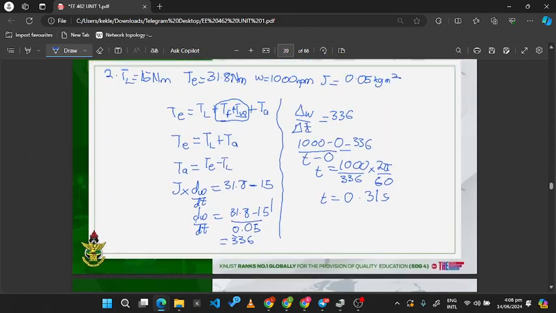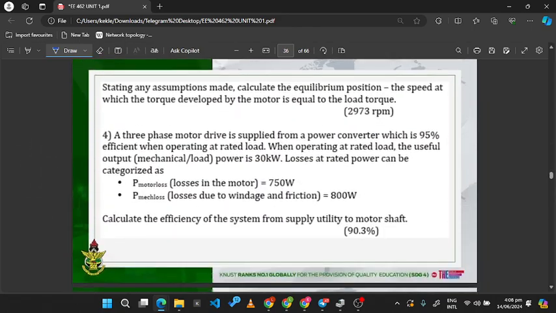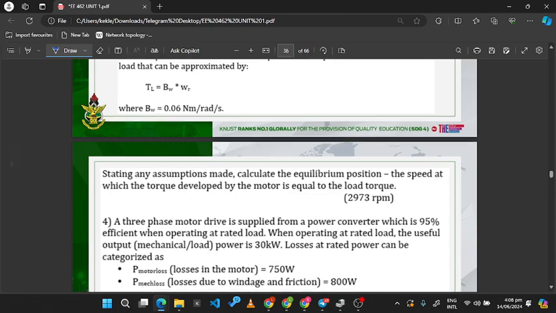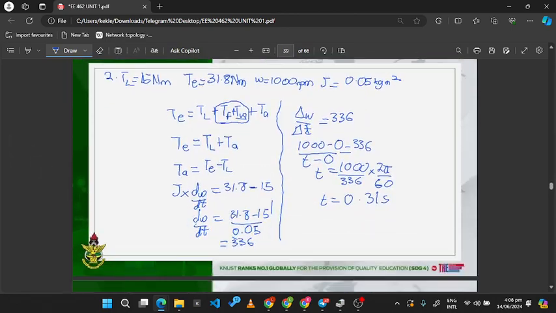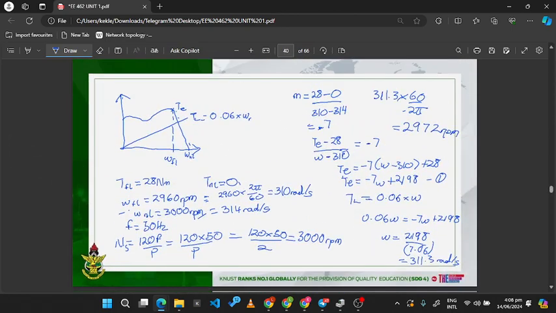Let's check the answer they had. Yeah, so 2972. Actually, it's 2972.996, so 2973 RPM.